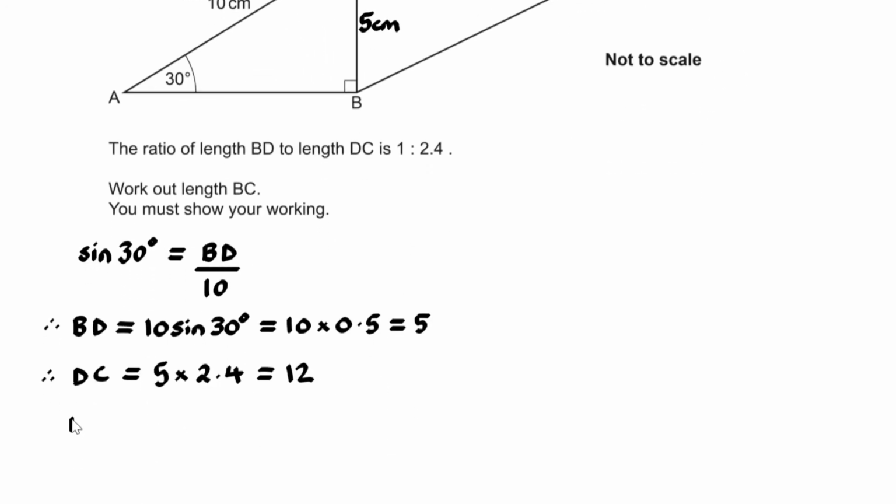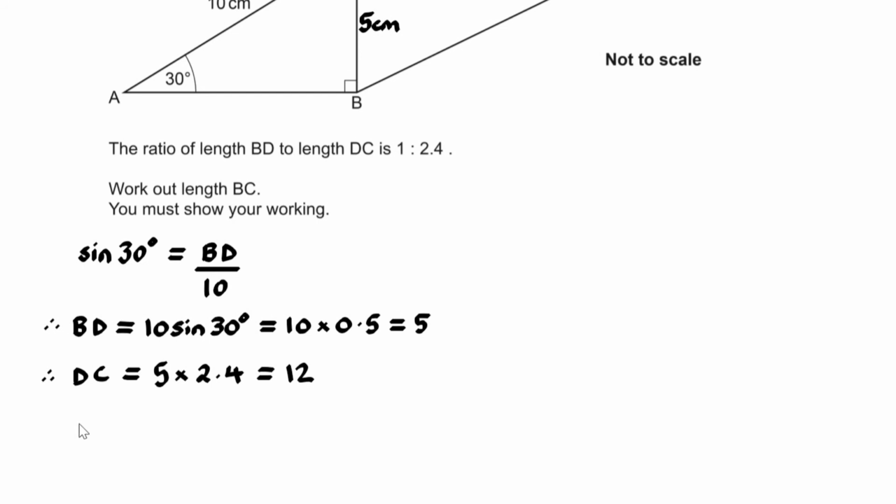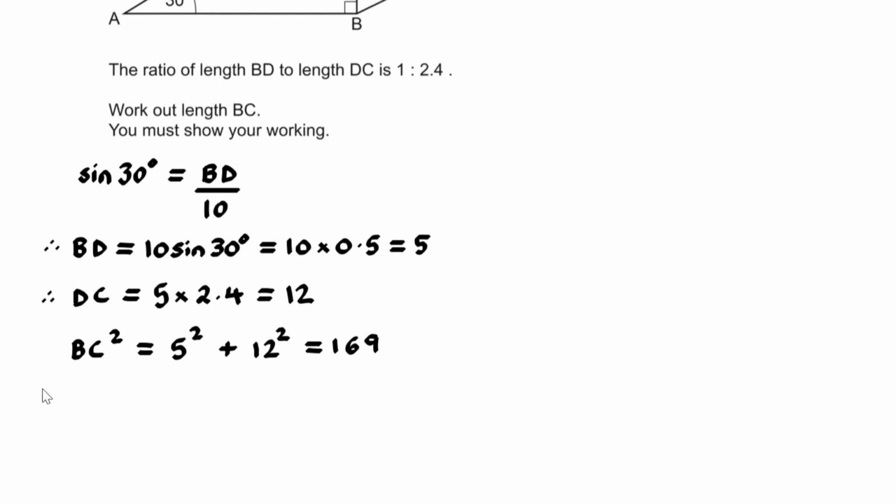So if we work out what BC is, we can use Pythagoras. So we have BC squared equals 5 squared plus 12 squared, which is equal to 169.